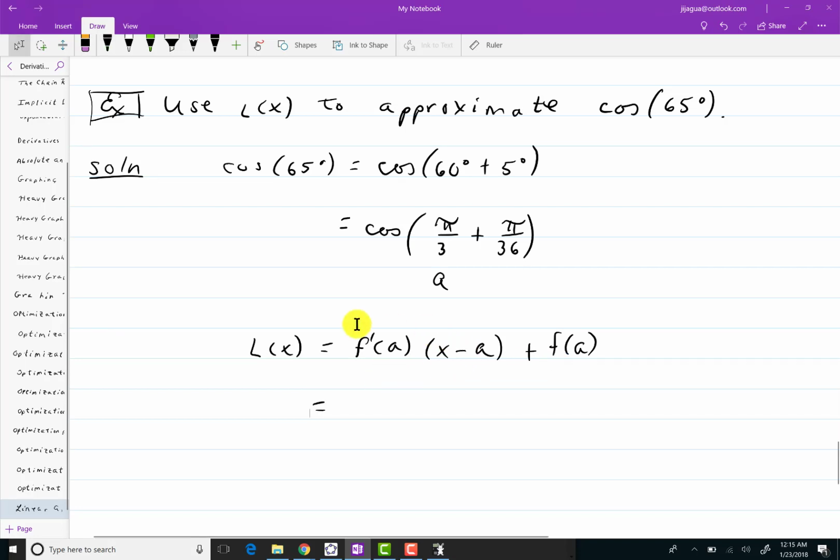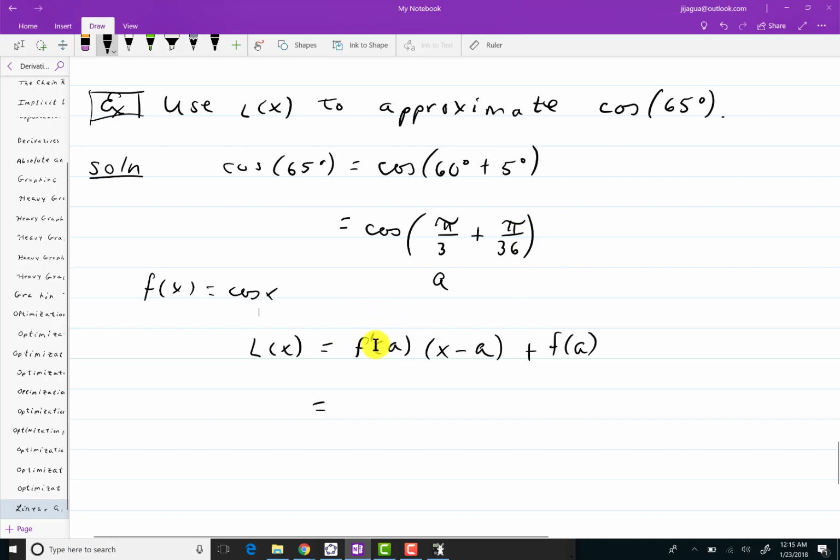Well, what is f of x? What do you think f of x should be? Cosine of x. So let's say f of x equals cosine of x.